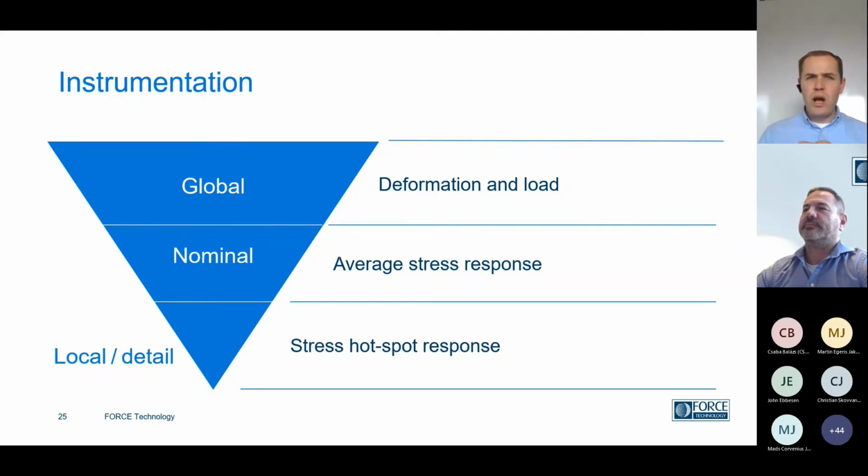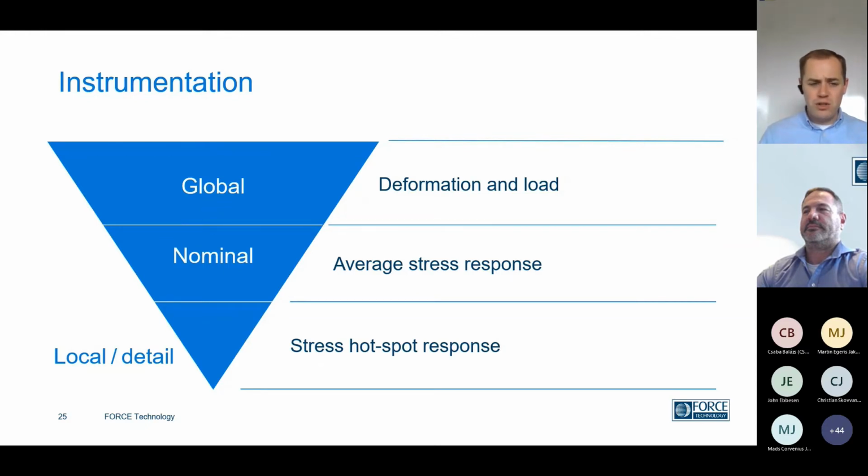Now, one of the things that is very important to be able to assess these conditions and understand what we're getting in a testing program, from small scale to full scale, or even if you were doing testing in the field, is instrumentation.